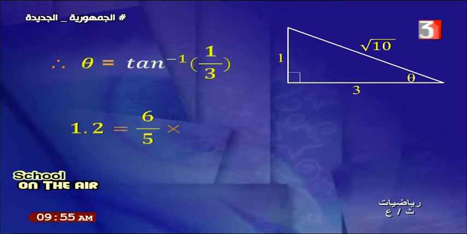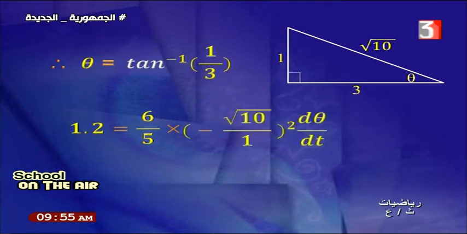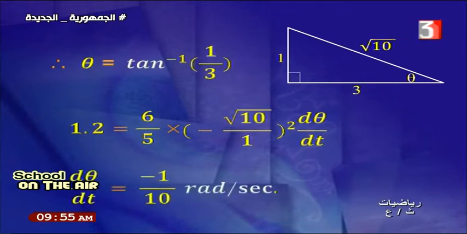Then 1.2 equals 6 over 5 multiplied by negative cosec squared theta. Cosec squared theta equals root 10 over 1 all squared times d theta/dt. Then d theta/dt equals negative 1 over 10 rad per second.